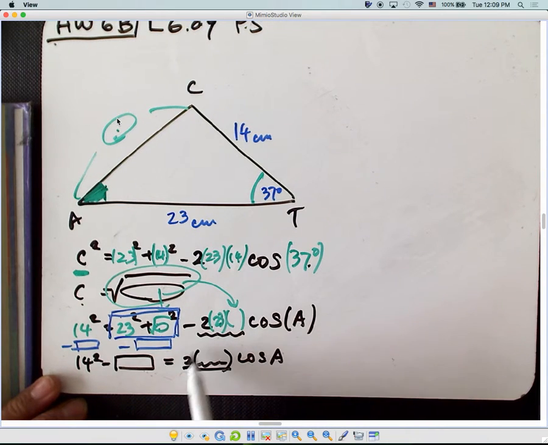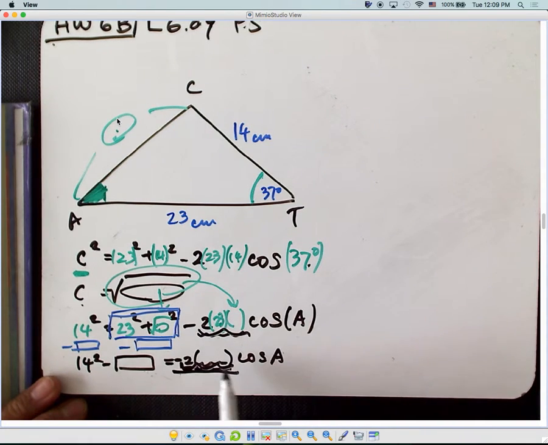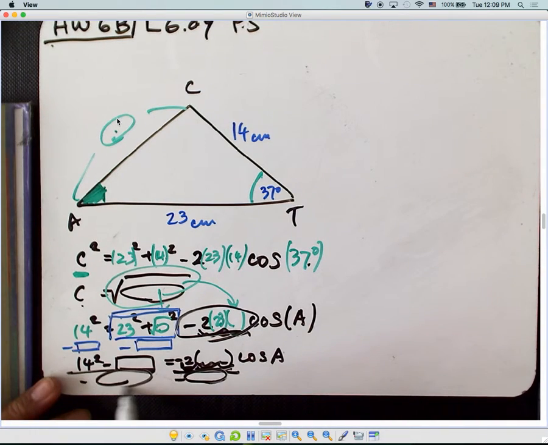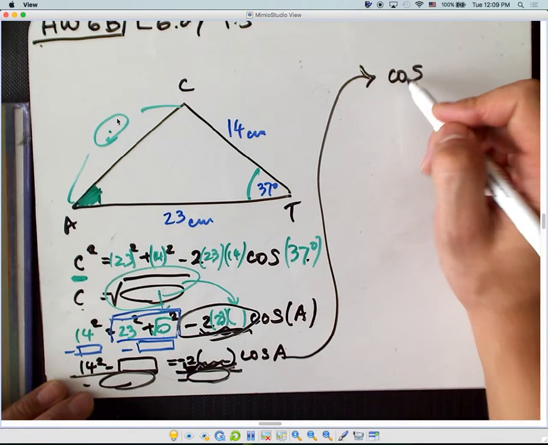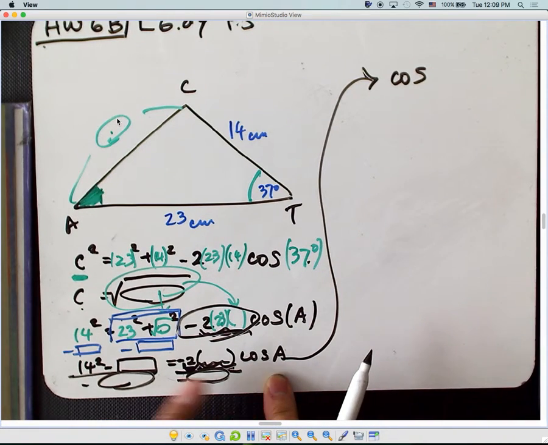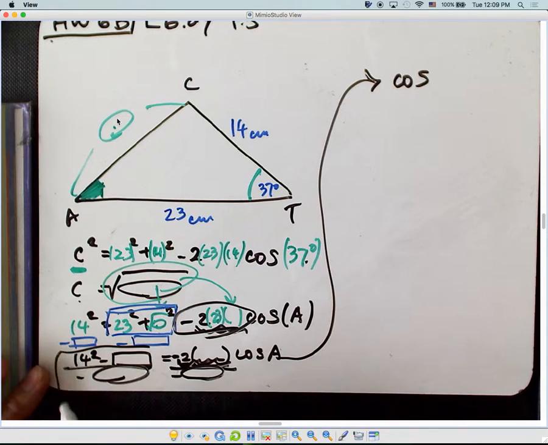You have a negative, so you have to divide that by this guy. You have to do that on both sides. So now you get cosine of A equals whatever this is.